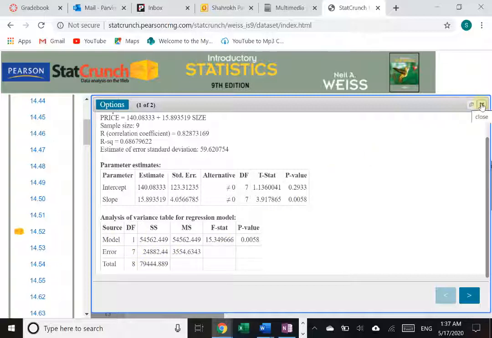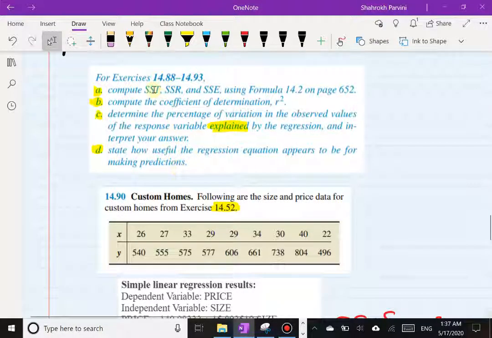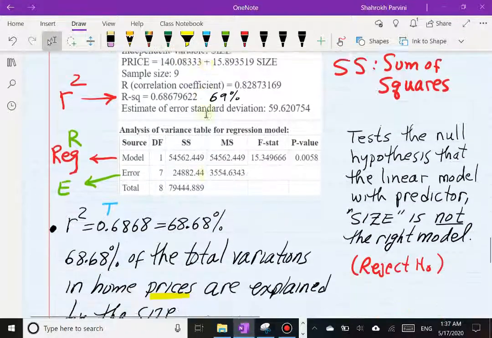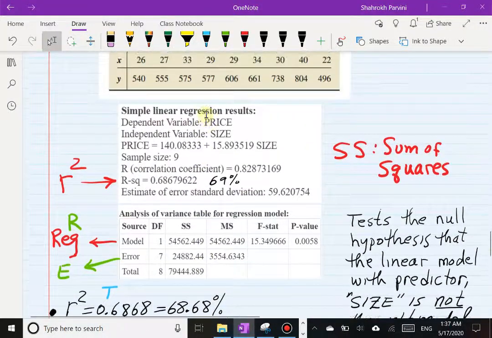Now let me go back to our notebook, just to make sure we answered everything. Part A is SST, SSR, SSE. Let me write those down.